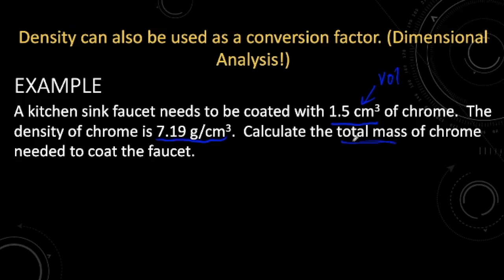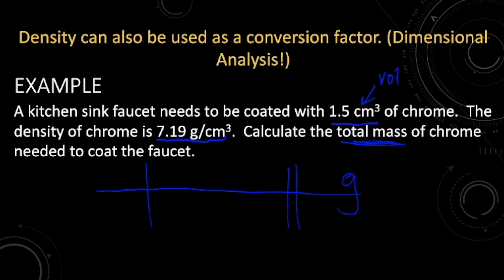Calculate the total mass. So we're going to do our same density ratio calculations, but in this case, we're going to use dimensional analysis. So we need to set up our train tracks, and we want to measure mass in grams.